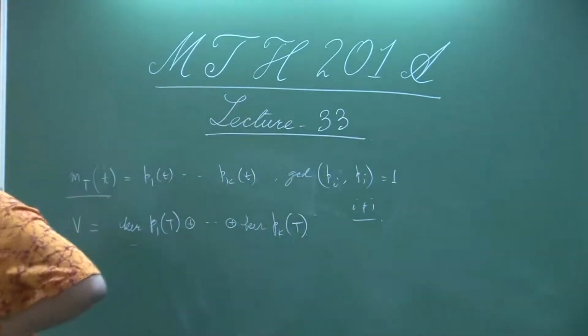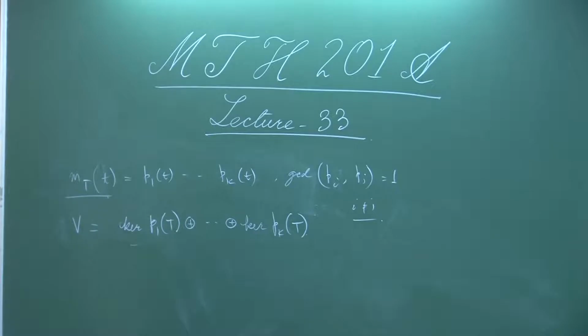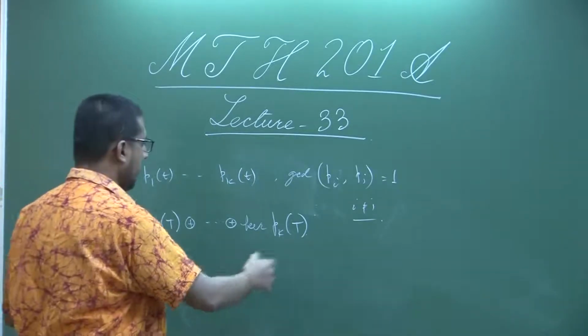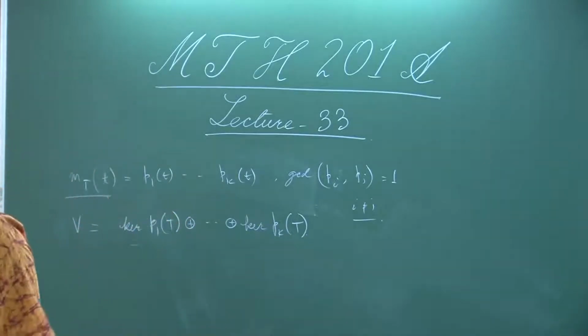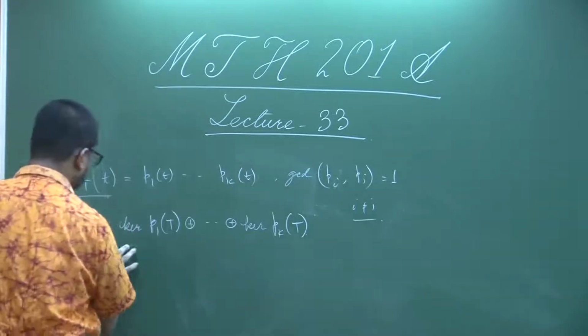So, you can construct examples for that. Since I do not have much time, I leave this exercise to you to find such an example, and instead I will go ahead.